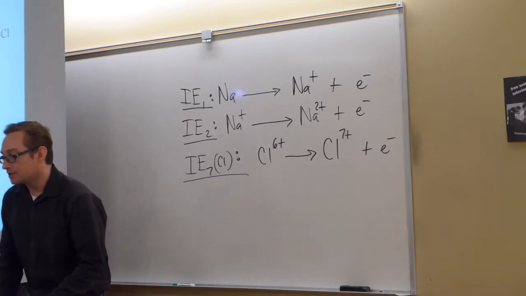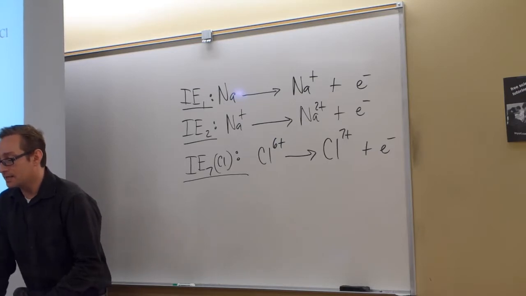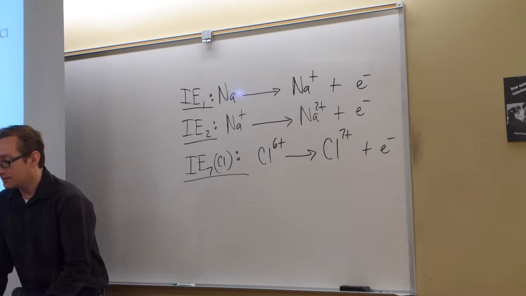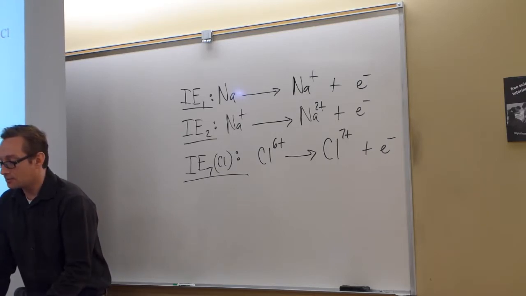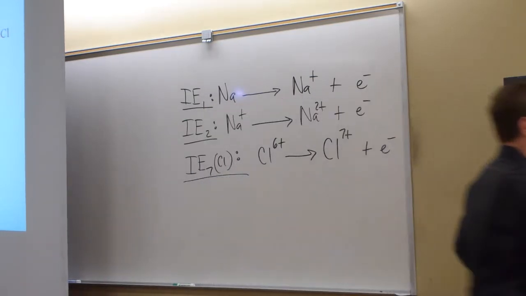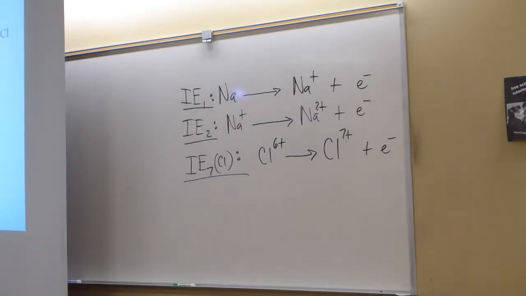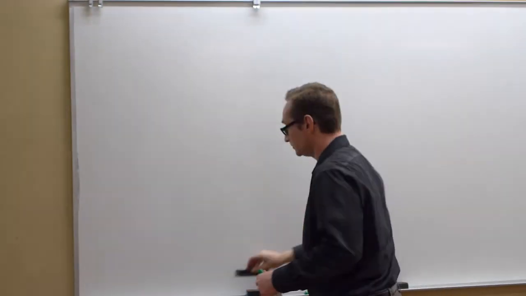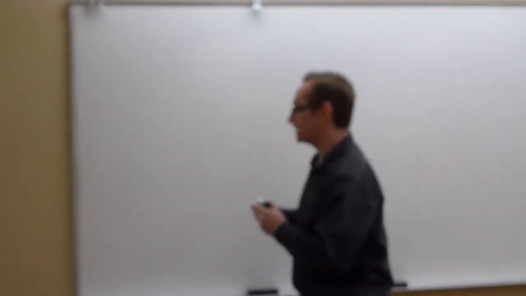Okay, so arrange the following in order of decreasing ionization energy. So we have bromine, argon, argon plus, and chlorine. So let's go ahead and draw the trend.